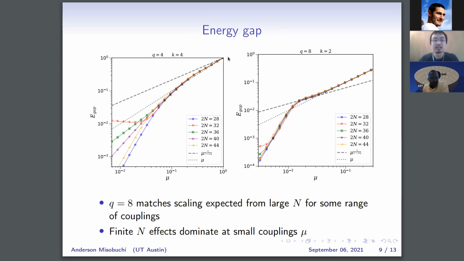And if you try to do Q equals H, it's even harder because the number of terms goes like n to the Q power. So it was nice that we could see, even if it's just in a small range, this scaling that was predicted by holography. This suggests that finite n effects are very strong in the Q equals 4 case, and also in this regime of small mu for Q equals H.